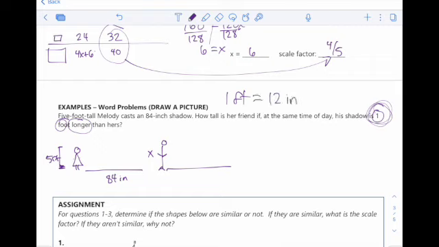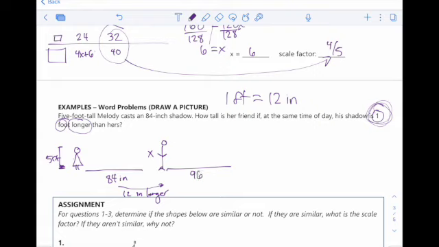So his shadow is going to be 12 inches longer. Do you have to do this for every word problem? No. Some word problems are all in the same units and you'll be fine. What you have to make sure is that when you make a ratio, like 32/40, those two numbers are in the same unit. So this one would be 96 inches.